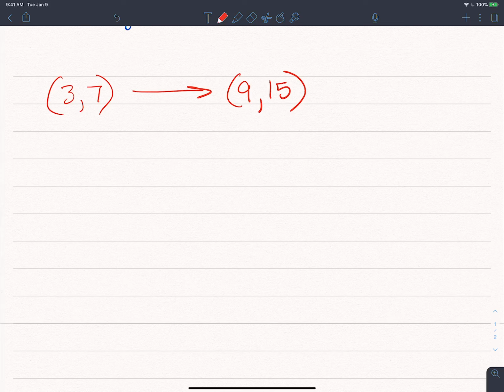Well, we can do rise over run. Here is our x value. We can call this x1, and this x2. Here's our y value. We can call that y1 and y2. And we can find the slope by doing the rise over the run.